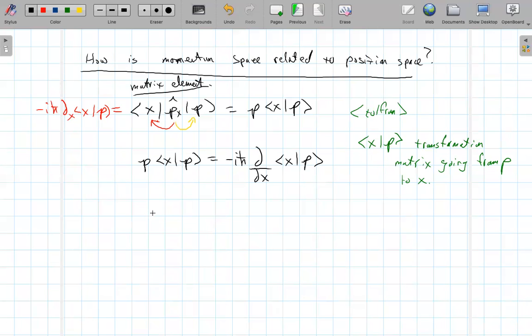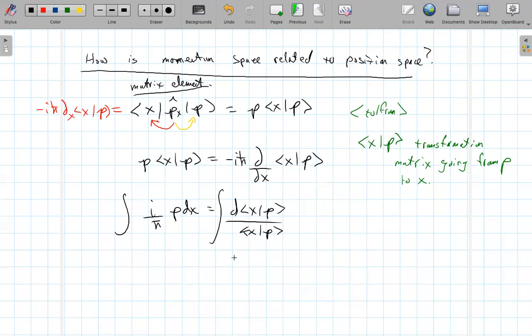So here I'm going to get a minus i, so this is going to become an i divided by h bar times p times dx, which must be equal to d of the inner product between x and p divided by the inner product between x and p. Now for this guy, I'm going to integrate both sides.